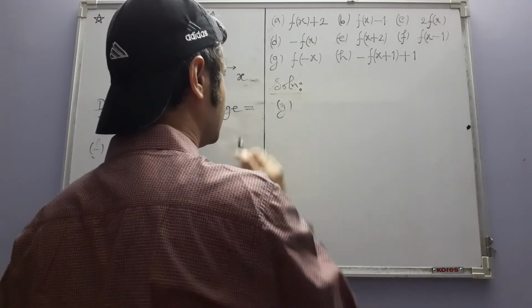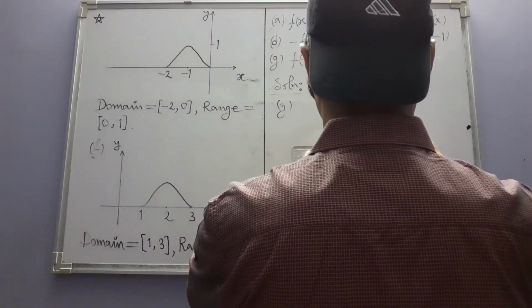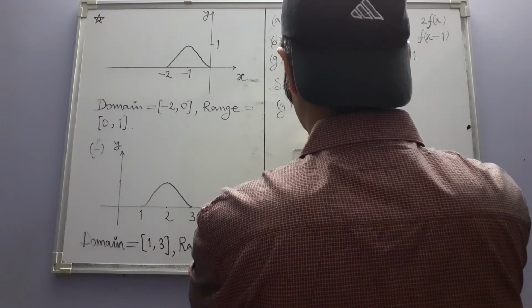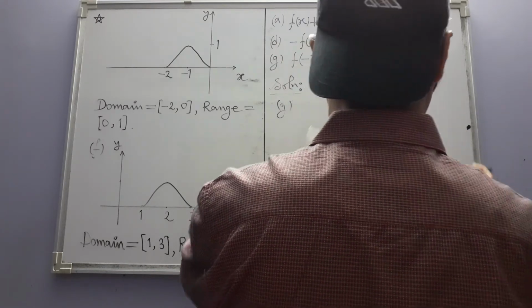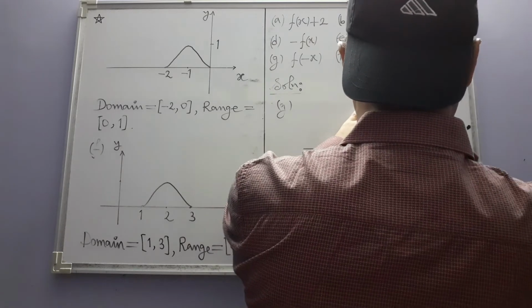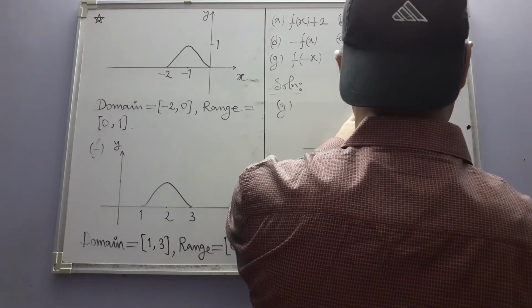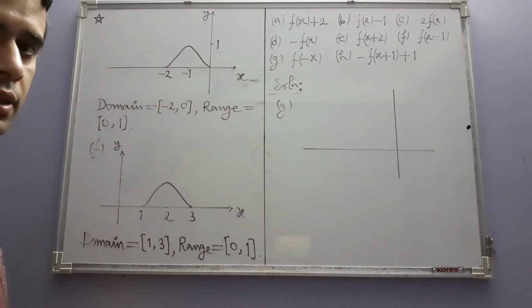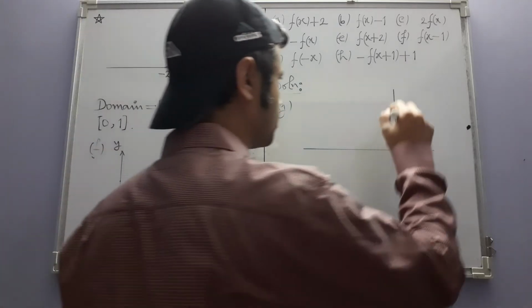So for part G, what we are doing is we are taking the negatives of all the previous input values.